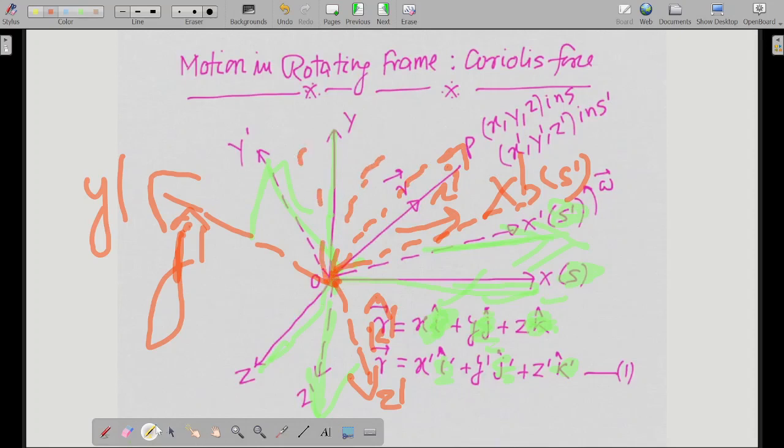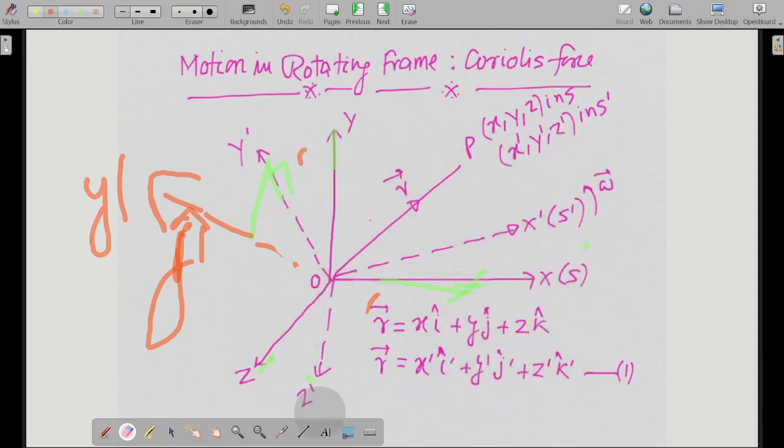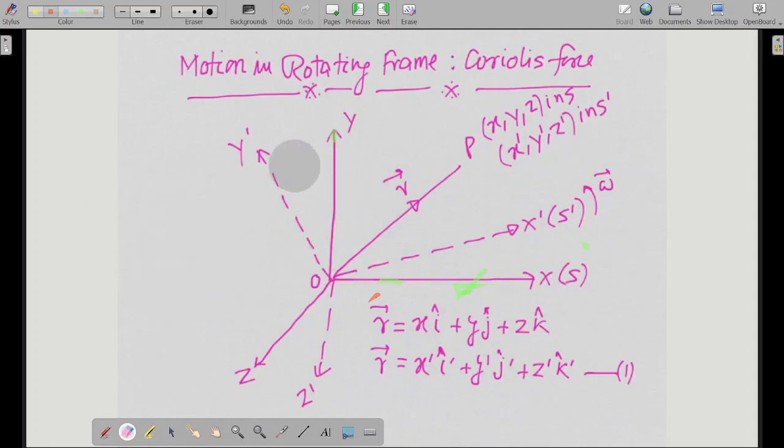So i cap prime, j cap prime and k cap prime will be non-constant vectors, whereas i cap, j cap, k cap will be constant vectors, because their direction is continuously changing, right?